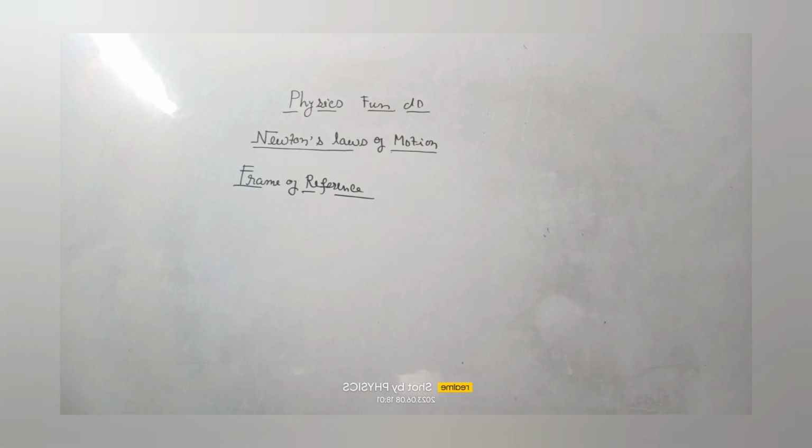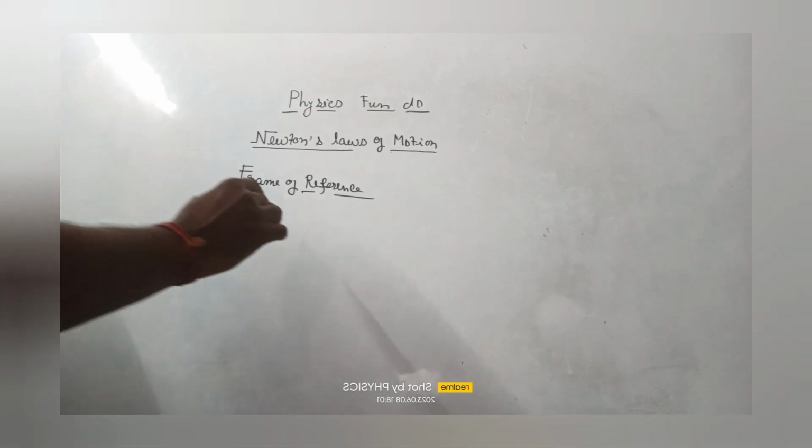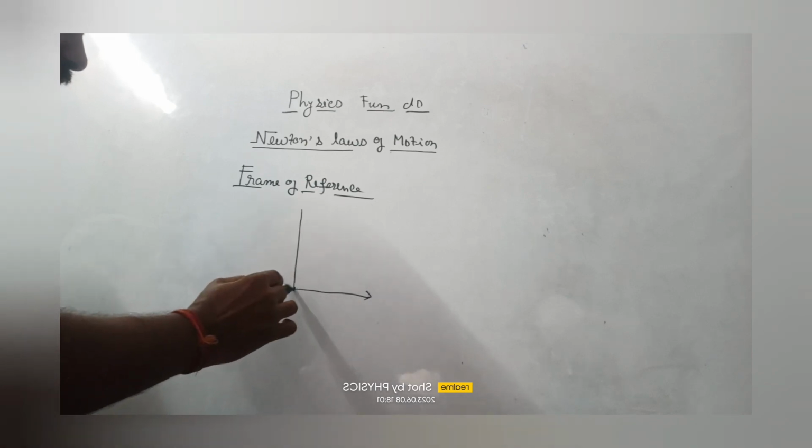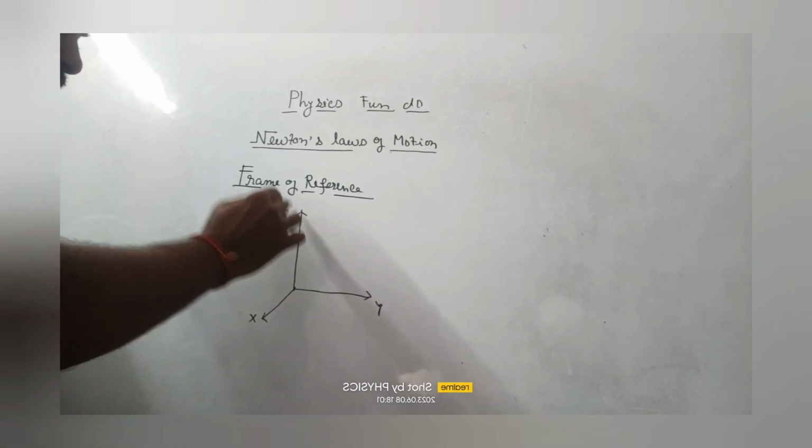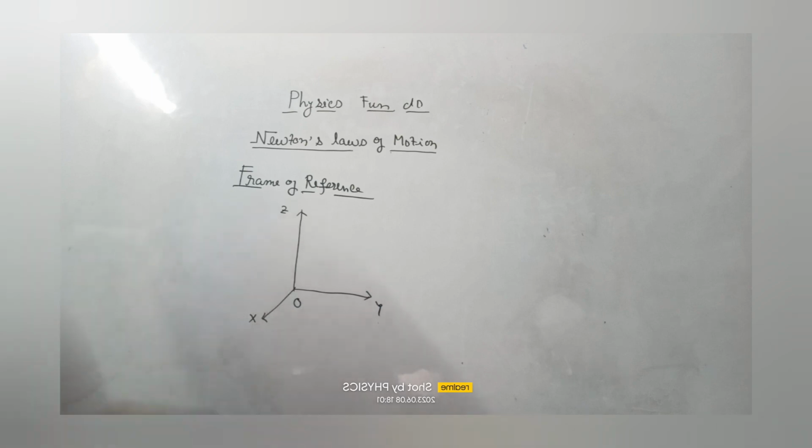A frame of reference may be an object or some axis or group of axes, in reference to which we can describe the motion of a particle or an object. We already know about the 3-dimensional coordinate system, that is x-axis, y-axis and z-axis, and O is the origin.